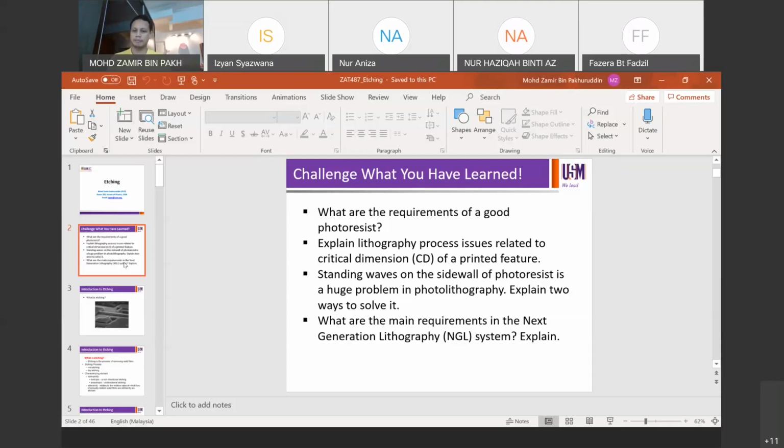High resolution, yep, good, of course, number 1. How about the second one? High sensitivity, yes, very good. High sensitivity to light. High etch resistance, yep, that's good. So it needs to resist where it isn't supposed to be etched. And we're gonna see how etching looks like today.